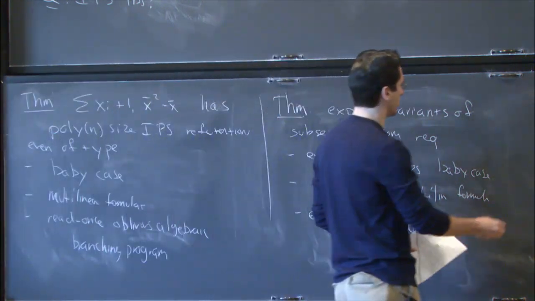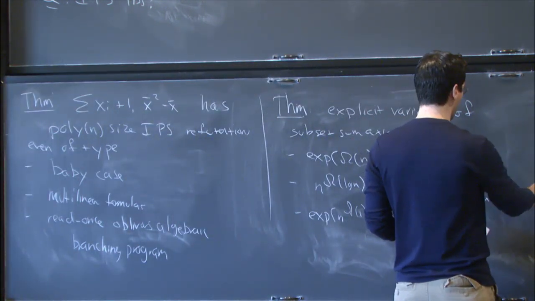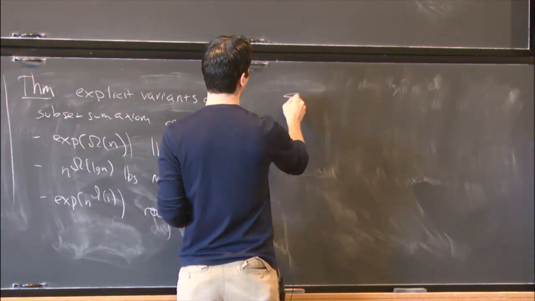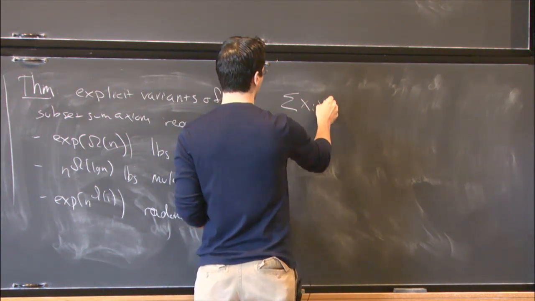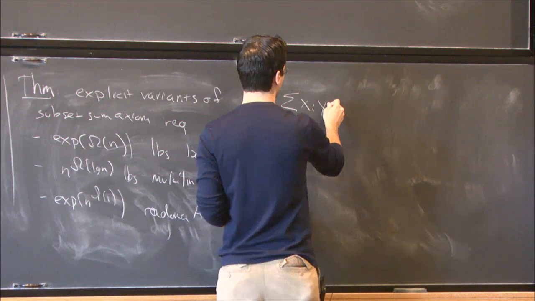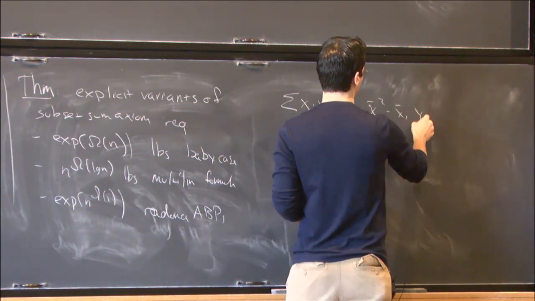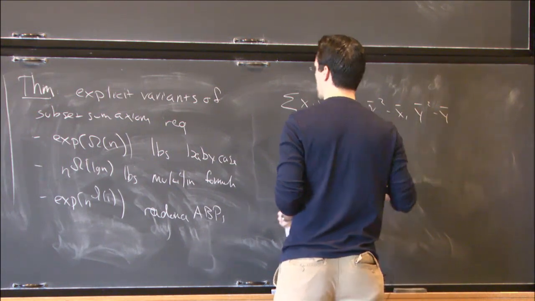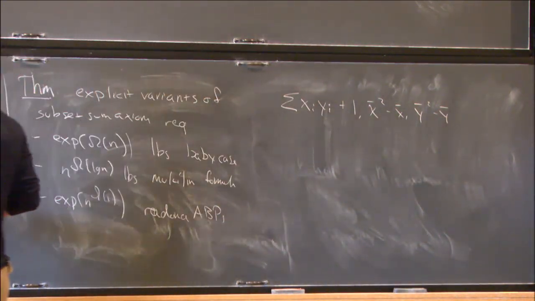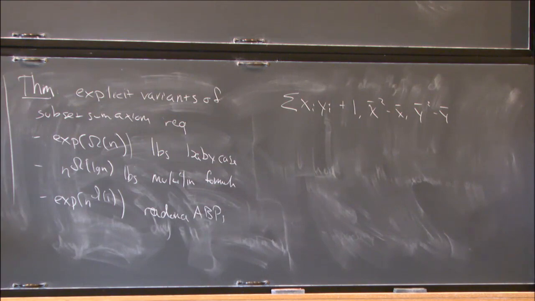So let me just briefly tell you what the variants are. There will be two variants. One will be the inner product. So instead of just having one set of variables, you're going to have two. You'll have x and y. And we're going to replace a summation with an inner product.